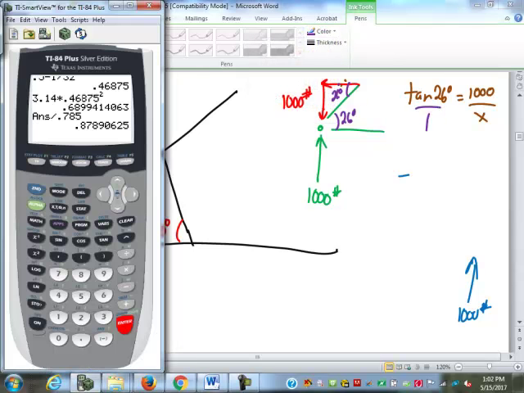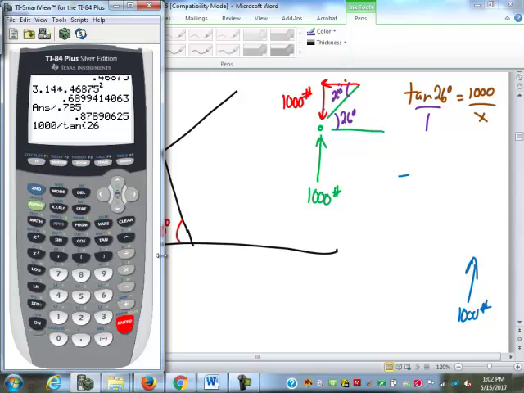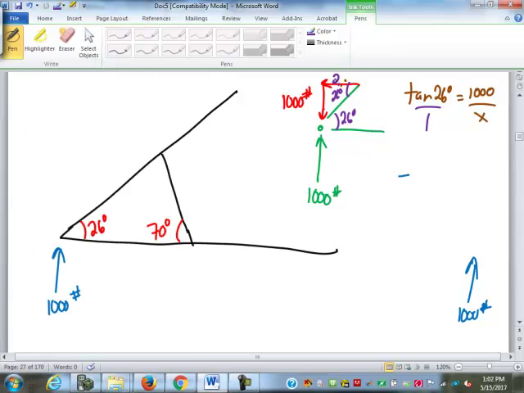So x is 1,000 divided by the tangent of 26 degrees, so 2,050 pounds. That being horizontal, the only way to counteract that is this piece has to have 2,050 pounds of force on it. Make sense?